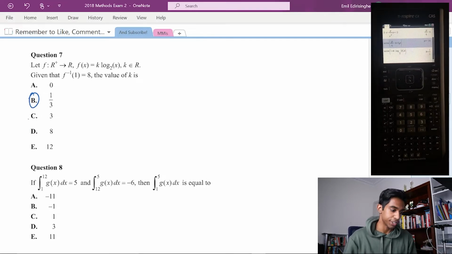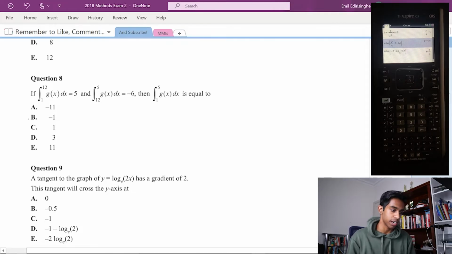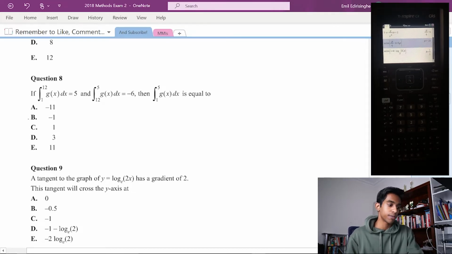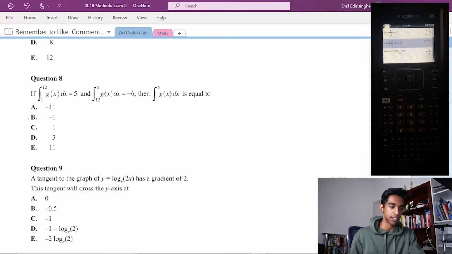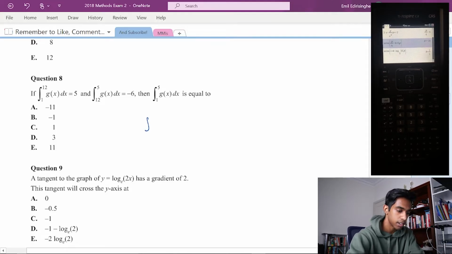Okay, moving on to question 8, we've got our first integration question. We've got, if the integral from 1 to 12 of g of x equals 5 and the integral from 12 to 5 of g of x equals negative 6, then what's the integral from 1 to 5? So we've actually been given pretty much everything we need in this question. Since we know 12 to 5 is negative 6, that means that the integral from 5 to 12 of g of x dx is going to be positive 6.